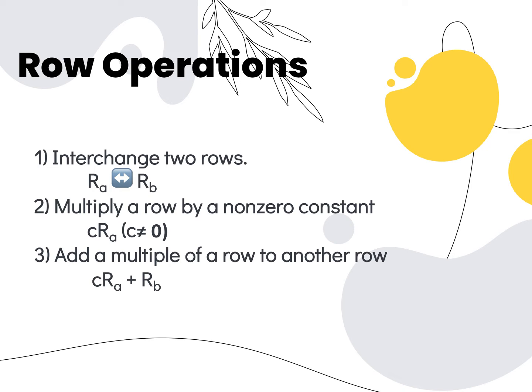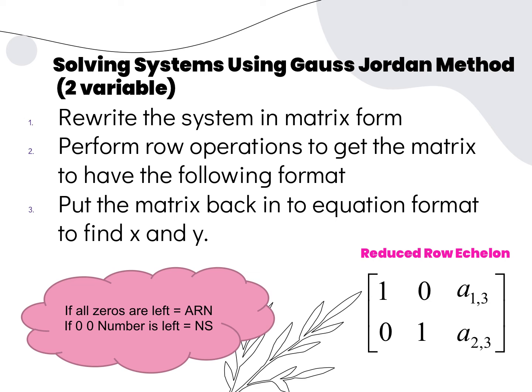And then another way would be to add a multiple of a row to another row. So like if I wanted to maybe make it become a 0, I could add its opposite to that row to cancel it out.